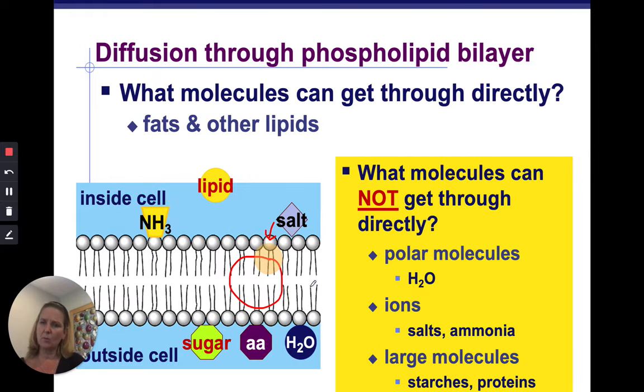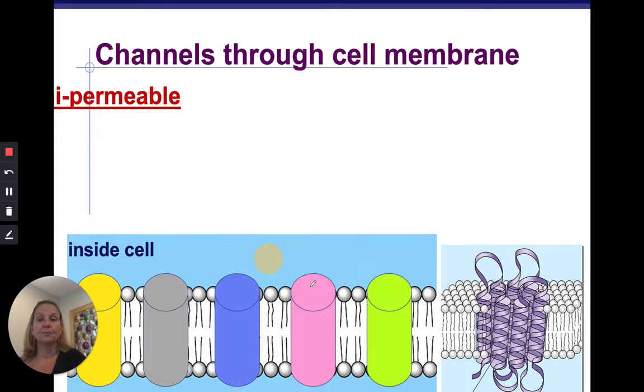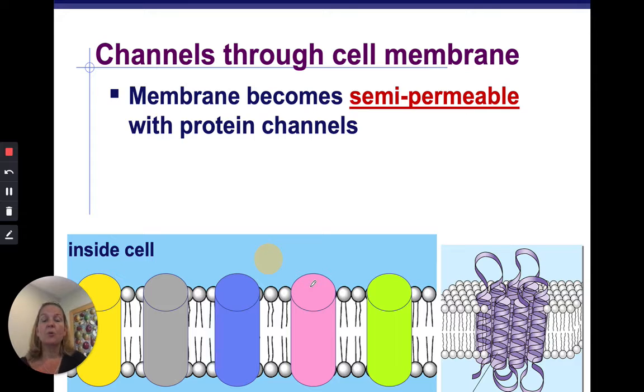But what we're not showing here, and maybe it's on a future slide, is that carbon dioxide and oxygen can get in and out, no problem. They can go straight through because they are nonpolar. Protein channels are the way that things can get through the membrane, and they are specific to whatever is traveling through.